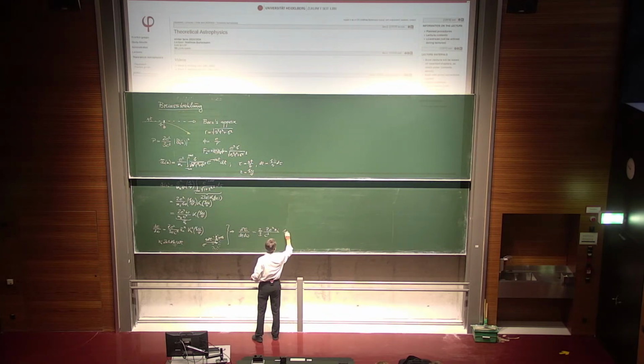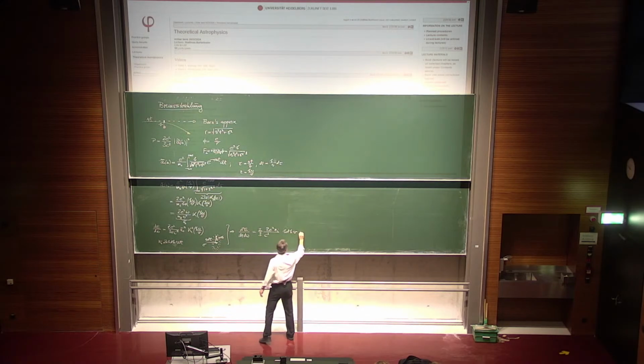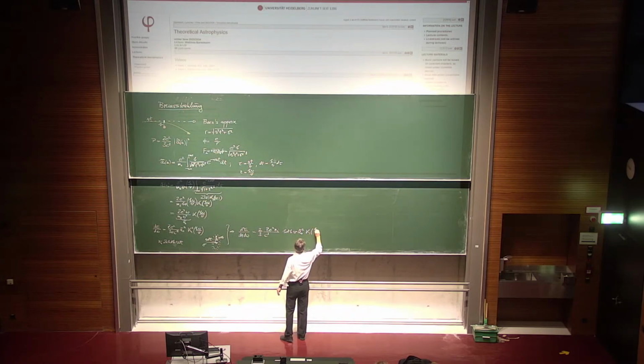Now we have b dB times v. Then we have A0 tilde squared. And we have the inevitable Bessel function here.